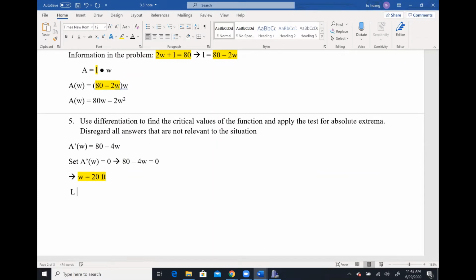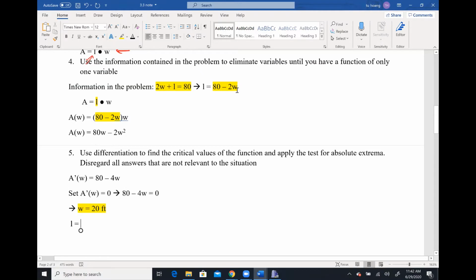So the length equals, you have to go back to the equation that gives you the information for the problem, that L equals 80 minus 2W. If you substitute W is 20, you're going to have 80 minus 2 times 20, which equals 40 feet. And that should be the answer for L.